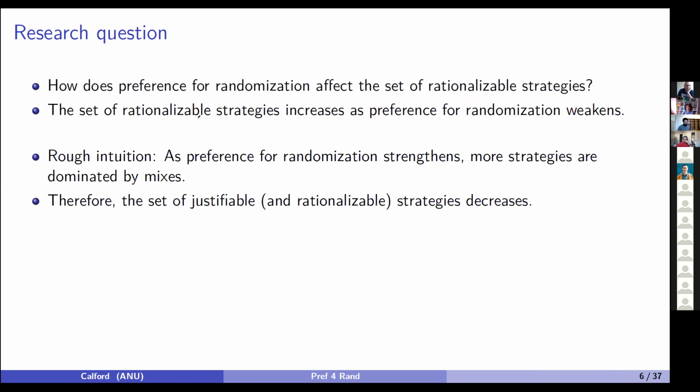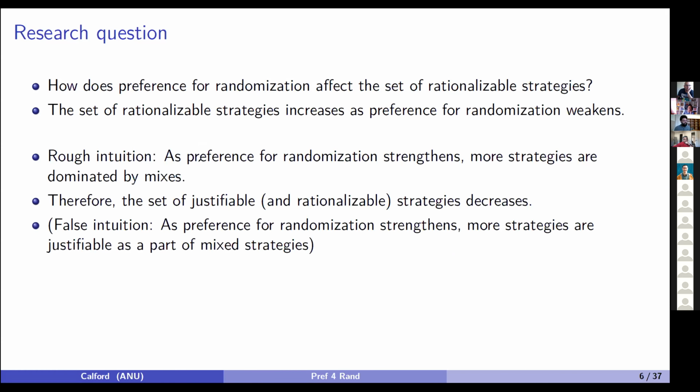And the rough intuition here is that as your preference for randomization strengthens, more strategies are dominated by mixes, and therefore the set of justifiable and rationalizable strategies is going to shrink. Now there's an inverse intuition you might have that turns out not to be true.